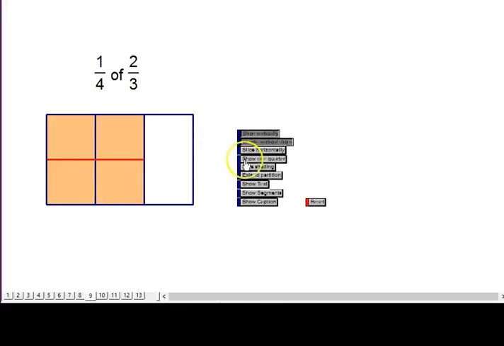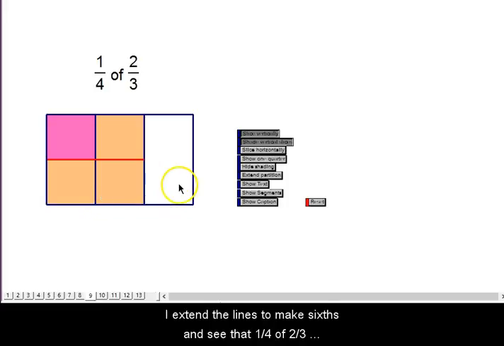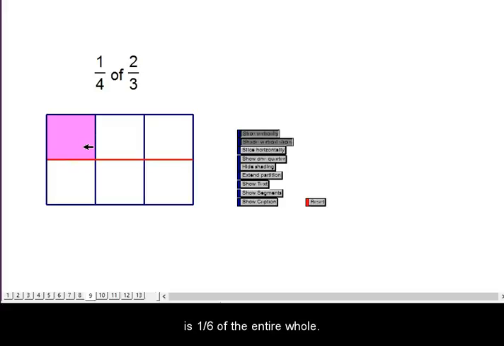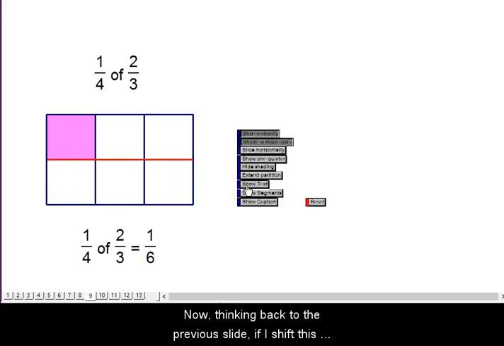Then you shade in one of those fourths to show 1/4 of the entire 2/3. Finally, to find what this is in relation to the whole, I extend the lines to make sixths and see that 1/4 of 2/3 is 1/6 of the entire whole.